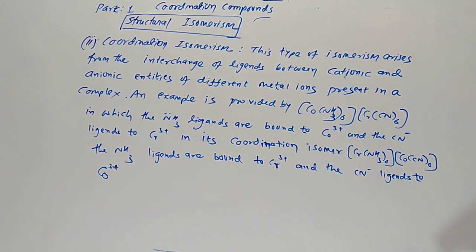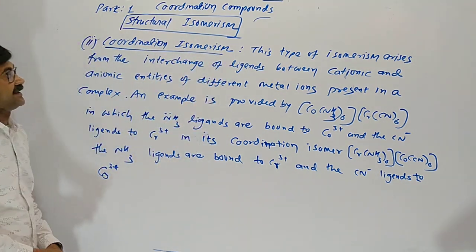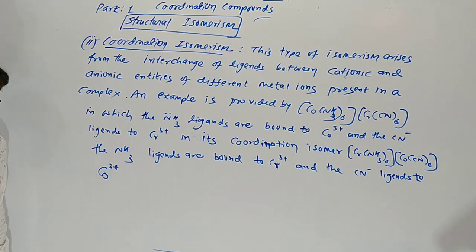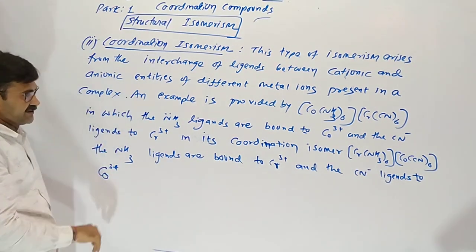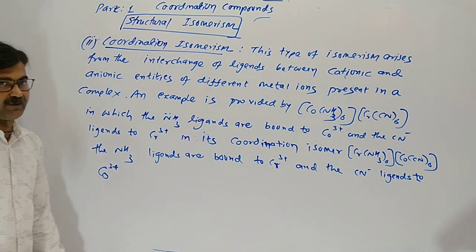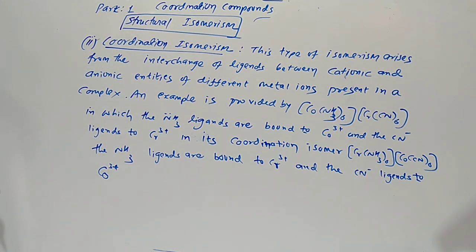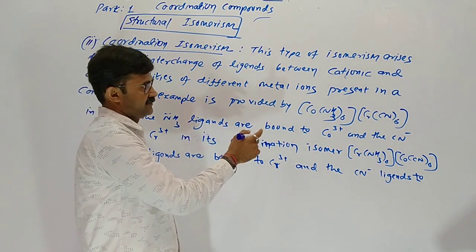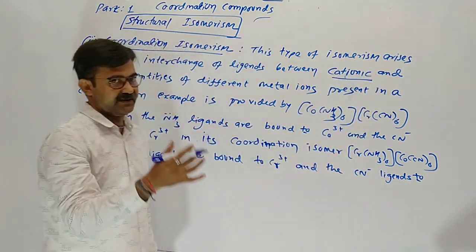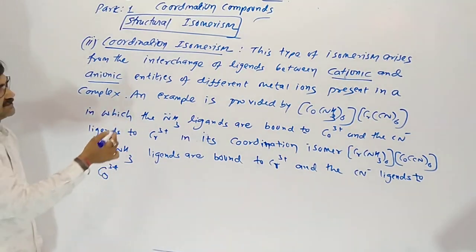Now the second type of structural isomerism. There are 4 types in total. Out of the 4, the first one we discussed was linkage isomerism. The second one is coordination isomerism. This type of isomerism arises from the interchange of ligands between cationic, meaning positively charged, and anionic, meaning negatively charged entities.